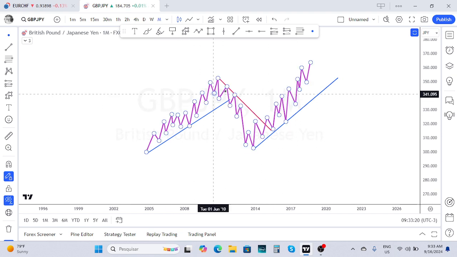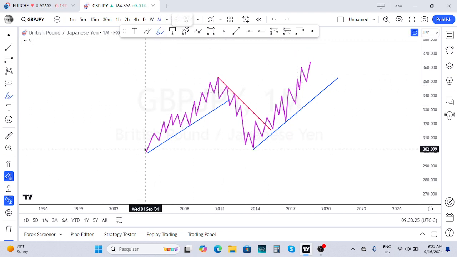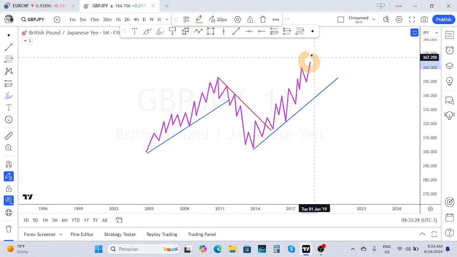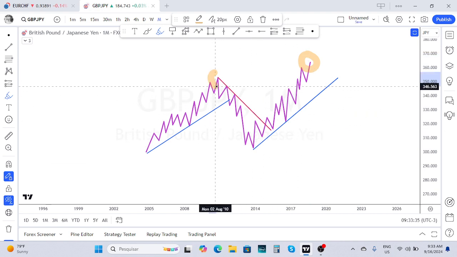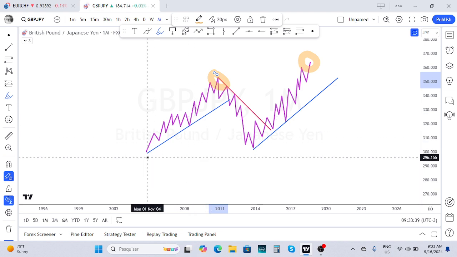Once the market is doing stuff like this, automatically it's building an up market structure. Once the market makes this new high, breaking this high here, in my own humble opinion, it has established market structure, up market structure.